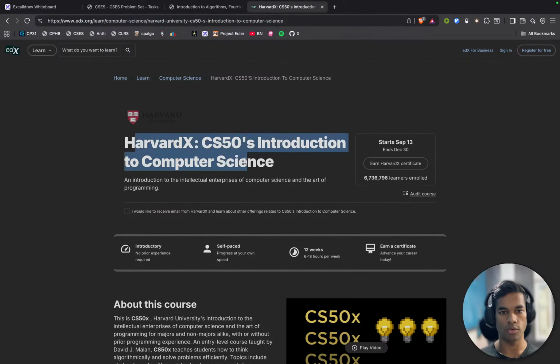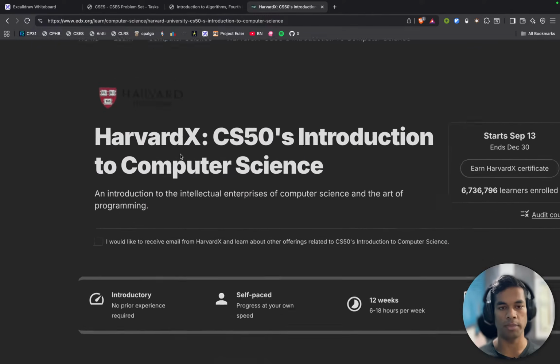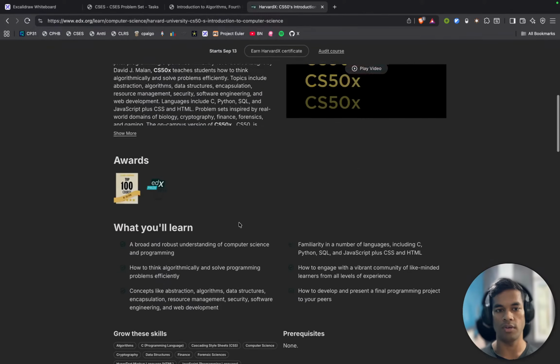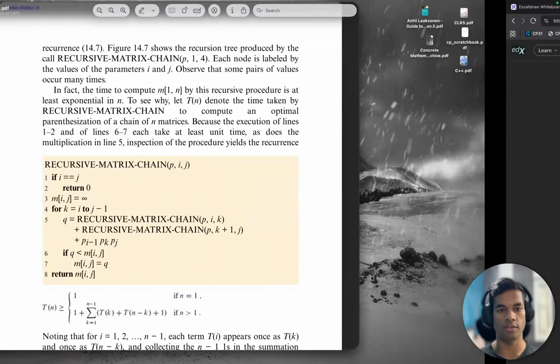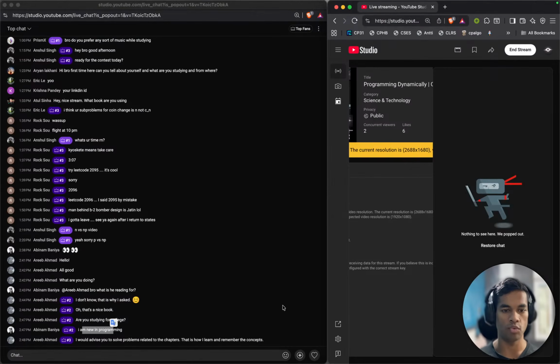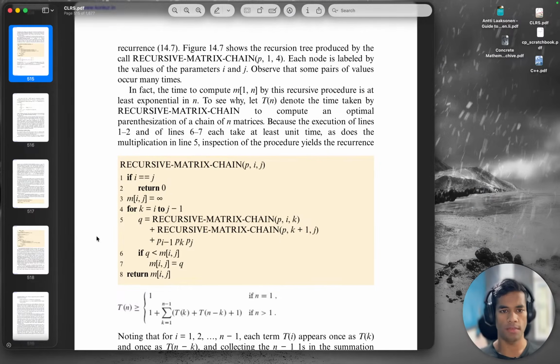You can do this course, Introduction to Computer Science by Harvard University, and this is completely free. All the lectures are free, and there are also a bunch of exercises. And this would be pretty cool for you since you are a beginner. That is what you can do.